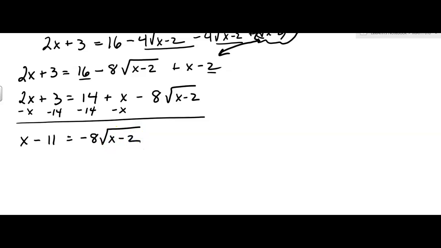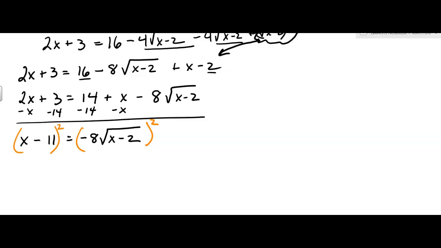Now, to avoid the fractions, I'm going to go ahead and square both sides. So I'm not dividing by negative 8. Okay, so we got rid of the one radical by squaring both sides. Now we have to get rid of the other radical by squaring both sides.